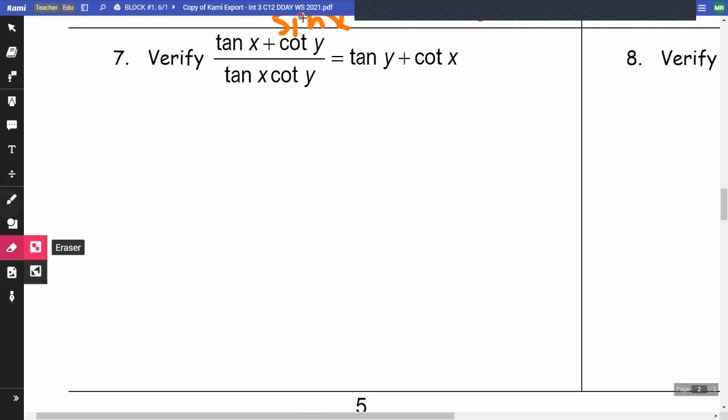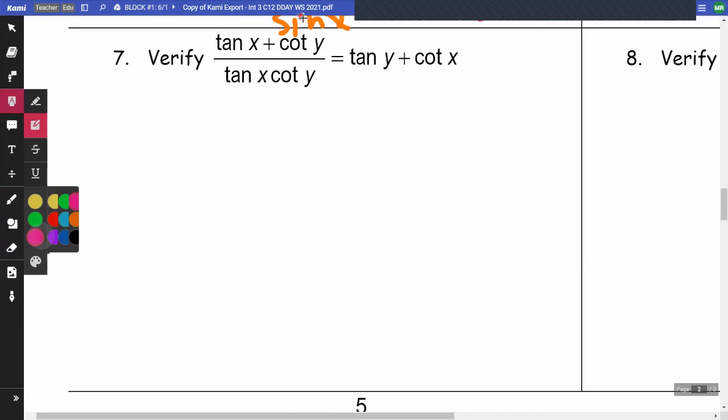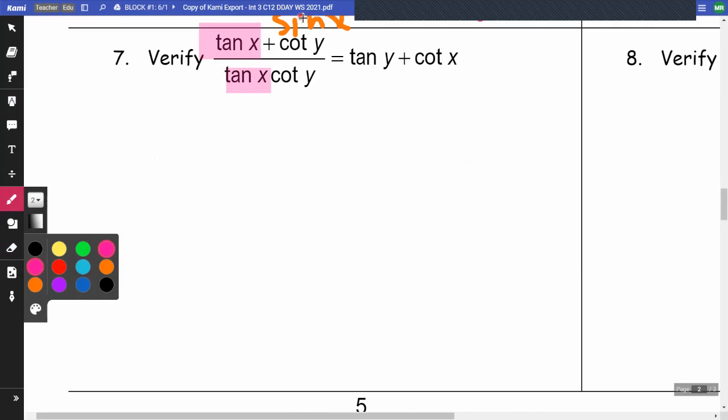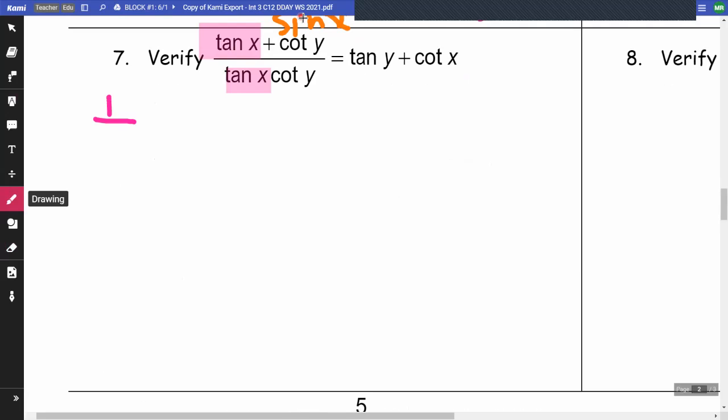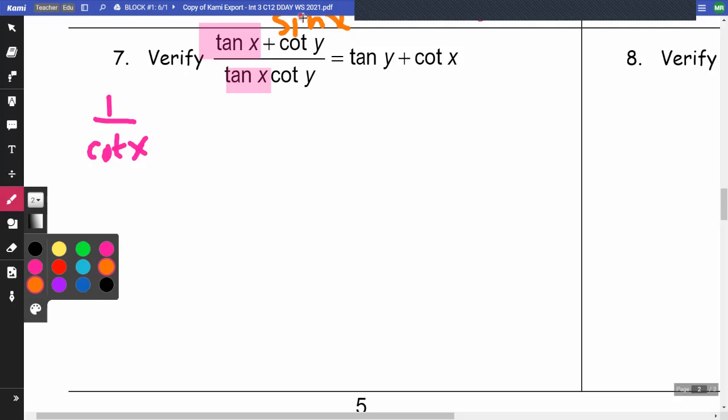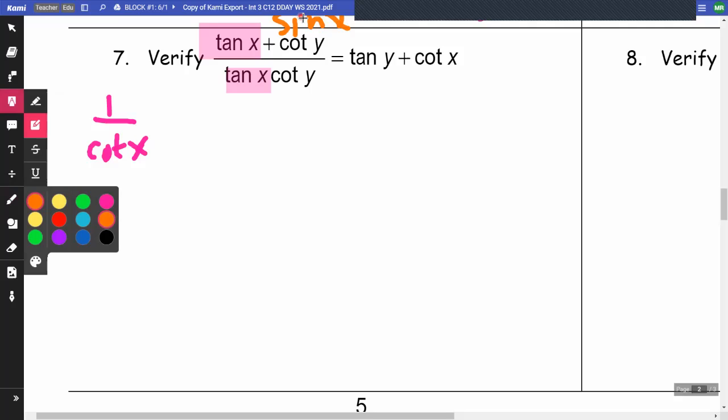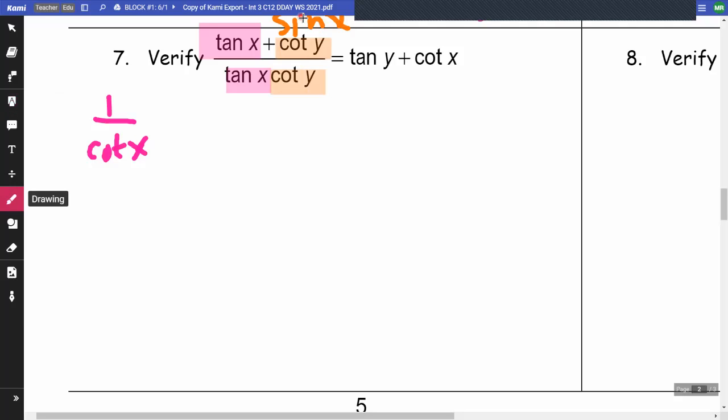Okay, so what I'm going to do is rewrite all of my tangent x's in terms of a cotangent. So that's going to be 1 over cotangent x. Okay. I'm going to do all of my cotangent y's as a tangent. Okay, so that's going to give me 1 over tangent y.